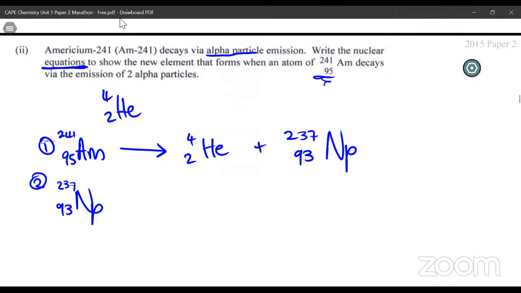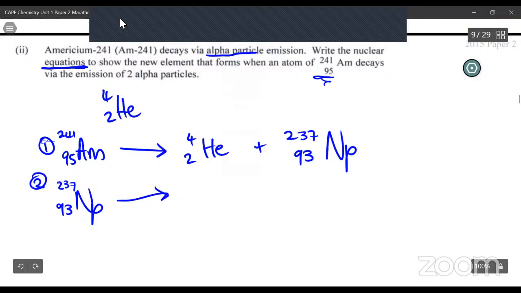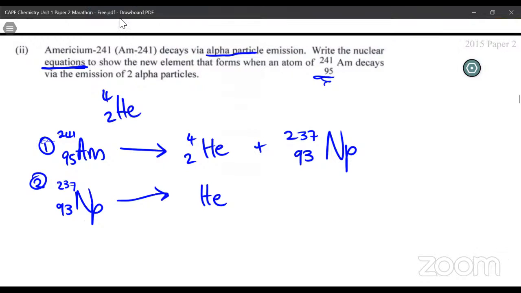Remember your arrows. Remember to rewrite your particle that's being emitted, whether it be gamma, beta, whatever. Now the mass decreases by 4, so you want to subtract 4 from 237.